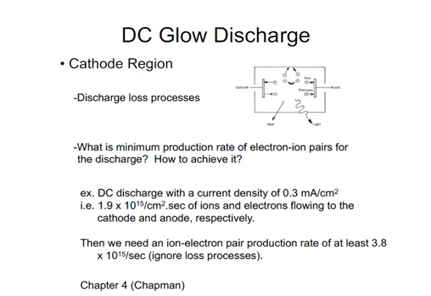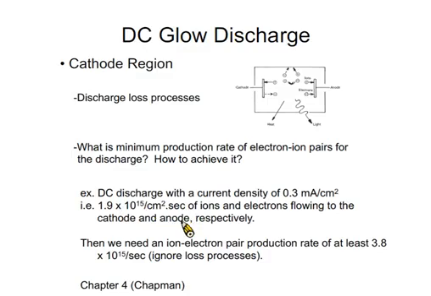So based on these conditions, one needs to keep a plasma charge flow of 1.9 times 10 to the 15 per second across a unit area.